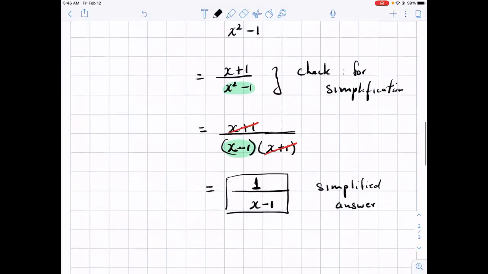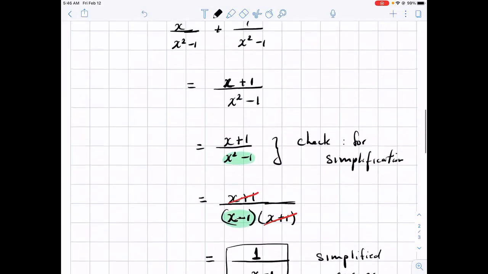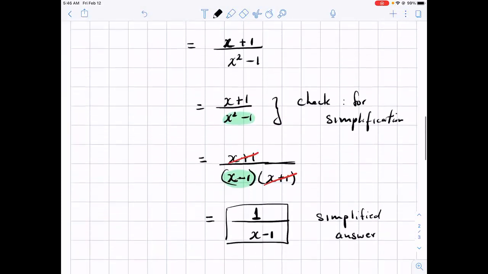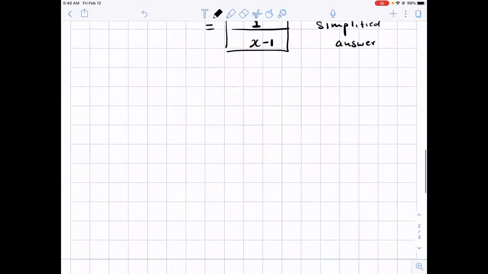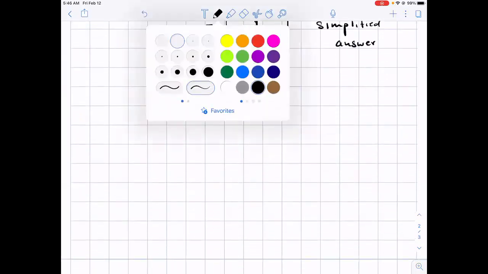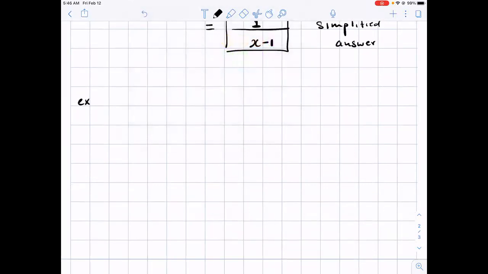Now, in addition, we tend to just add items. But how about if I say subtract 2x minus 5 over x minus 2 minus x minus 3 over x minus 2.